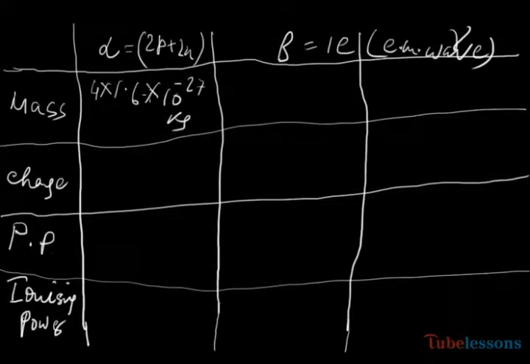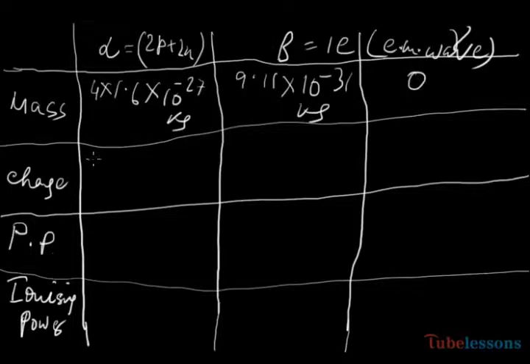That is 6.4 into 10 to the power minus 27 kg. A beta particle has the mass of 1 electron, that is 9.11 into 10 to the power minus 31 kg. So it has less mass than one alpha particle, and gamma rays are electromagnetic waves, so they have no mass, 0.